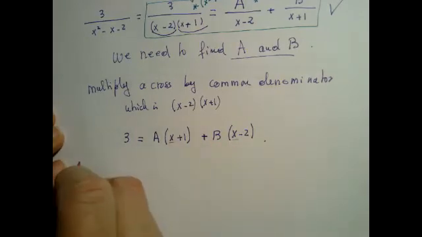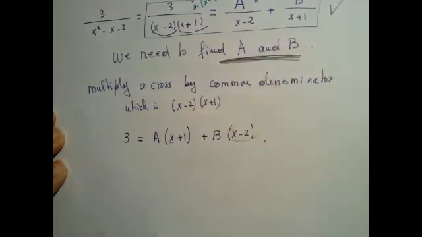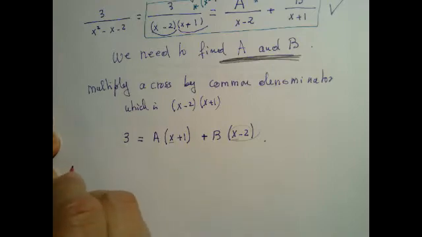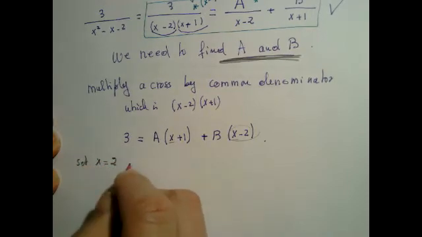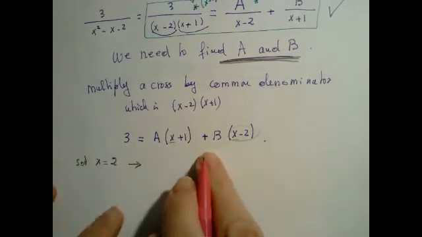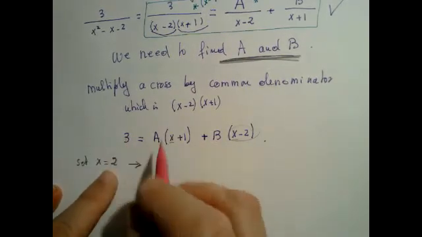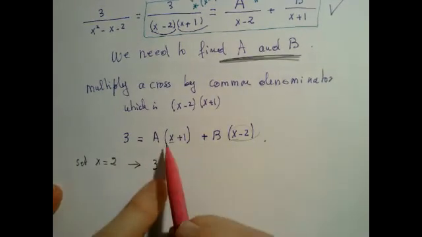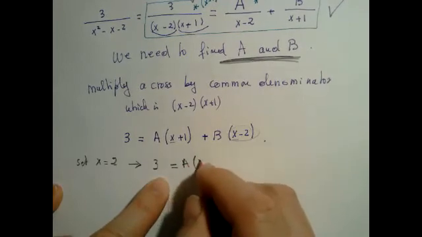So I'm going to plug in. My goal is to find a and b. And in a minute, you'll understand why I took x equal to 2. We're going to set x equal to 2 in both parts, and I'm going to use this to find the a. So if I put x equal 2 here, there is no x, it's going to stay a 3. And if I put x equal 2 here, I will get 2 plus 1.